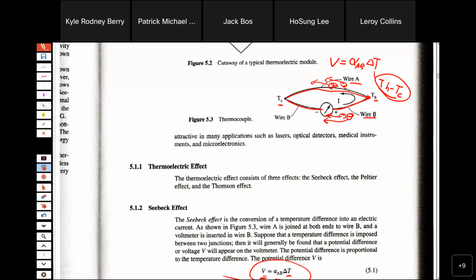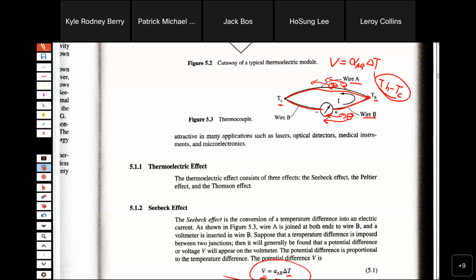So hot and cold, electron is moving. Suppose more electron is moving on one side.